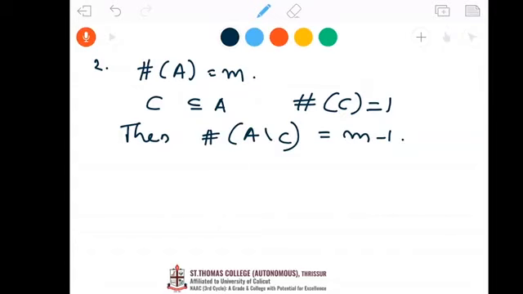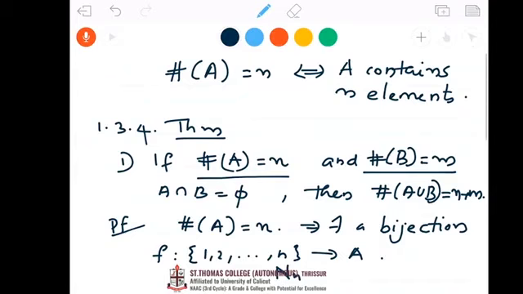The hint is that we can use the first part of the theorem. If you prove something, you can use it to prove the next result. In the first theorem, we are talking about two finite sets, both of which should be disjoint, and we are talking about their union.